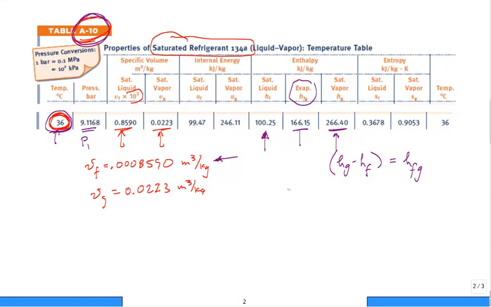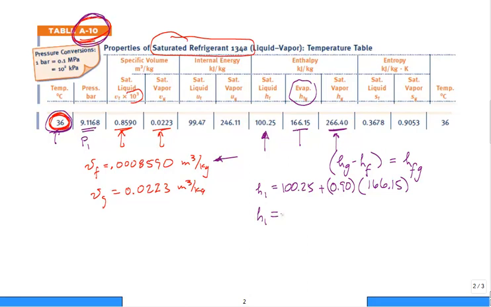So for this problem, we could say that H1 is equal to 100.25 plus, it was a quality of 90%, 0.90, times HFG, 166.15. All those have units of kilojoules per kilogram.